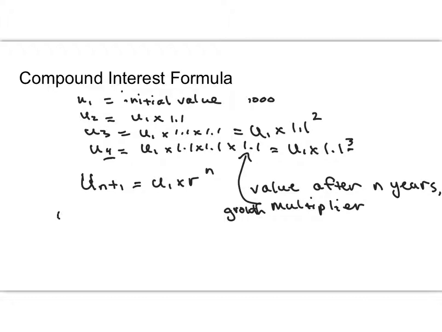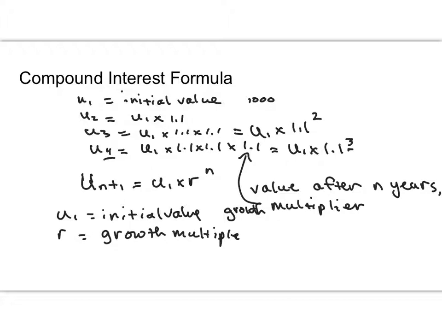And then u sub 1 is my initial value. r is the rate, or the growth multiplier. n is the number of years, or number of units of time.